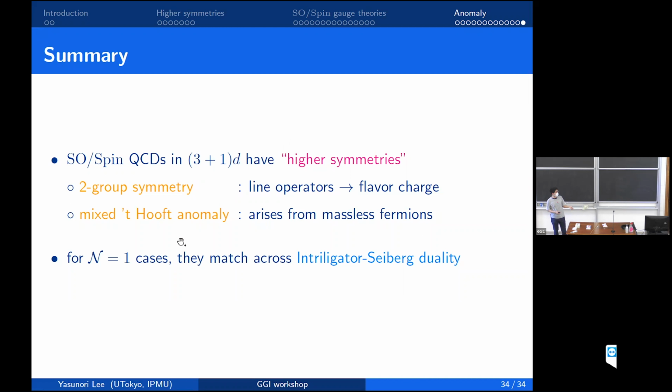And the mixed 't Hooft anomaly was detected by either looking at the SL(2,Z) orbit and stacking them, or from the bordism group, which is a bit incomplete, but there are various checks. In particular, for the N=1 supersymmetric QCD case, we saw that higher symmetry structures are mapped appropriately under Intriligator-Seiberg duality. So that's all I wanted to say. Thank you very much for your attention.